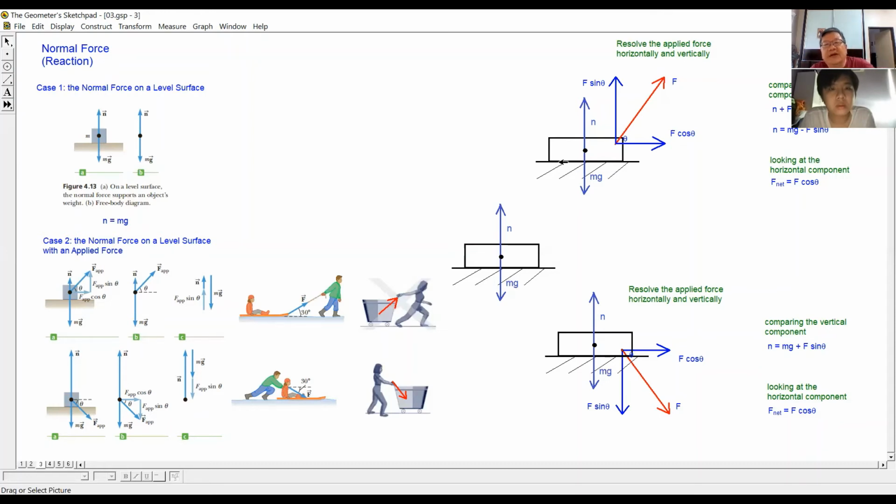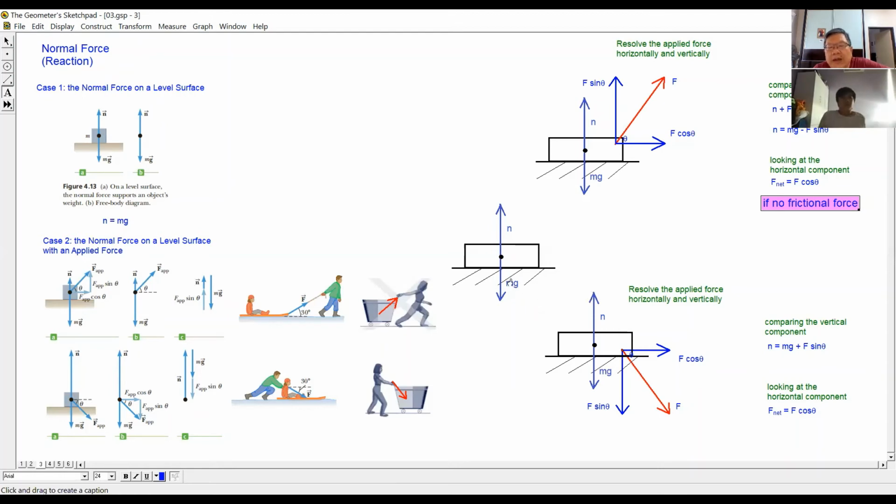But this is not the case. Later on, we are going to add the frictional force, right? So for the time being, if there's no frictional force, then the net force is F cos theta. Better put that down: if no frictional force.